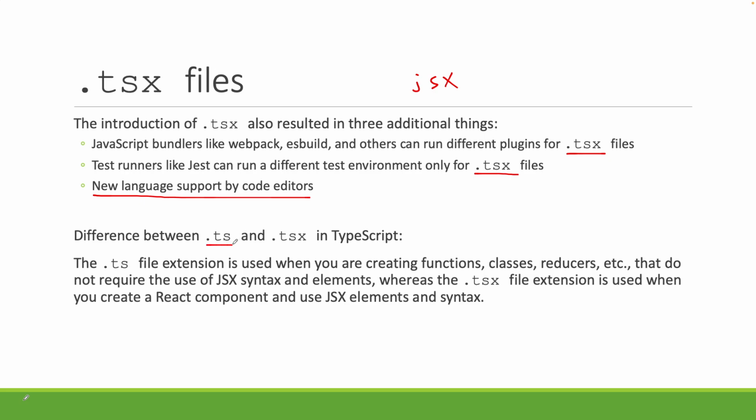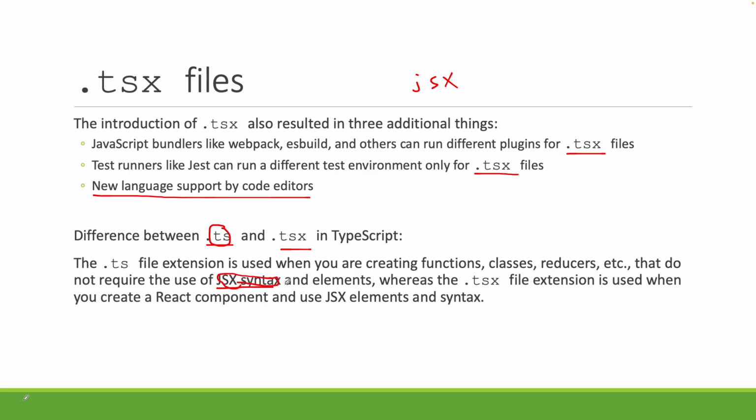What's the difference between TS and TSX? If we are writing TypeScript files, the file extension usually we see is .ts. And what's the difference between them? The TS file extension is used when you create functions, classes, reducers that do not require the use of JSX syntax and elements. We'll talk about the JSX syntax later.